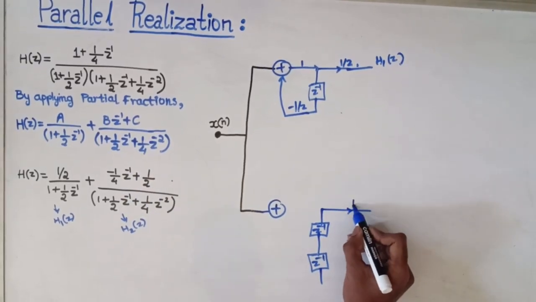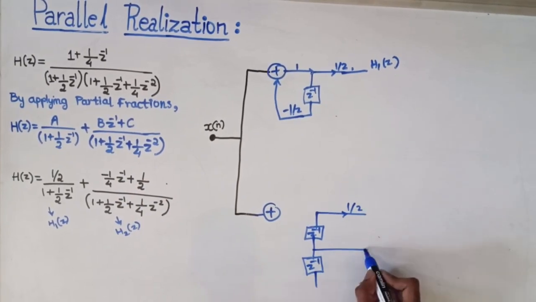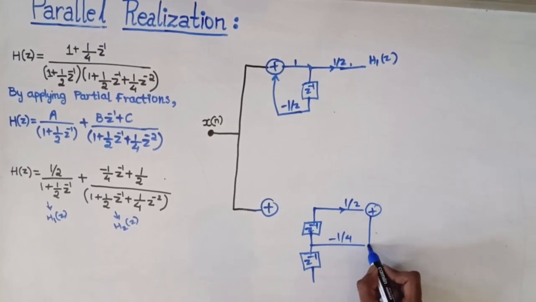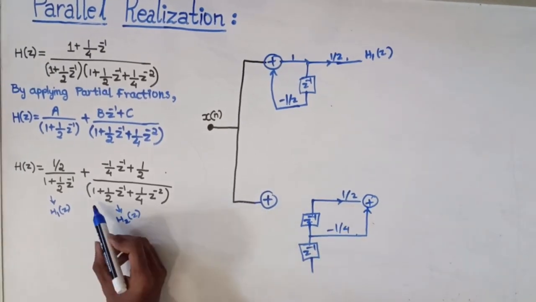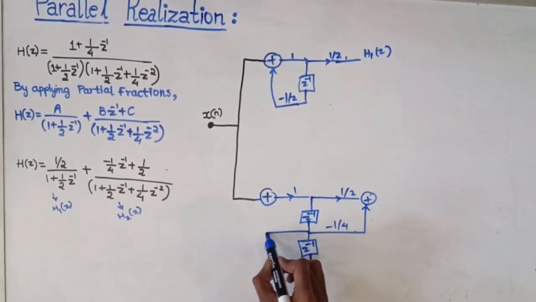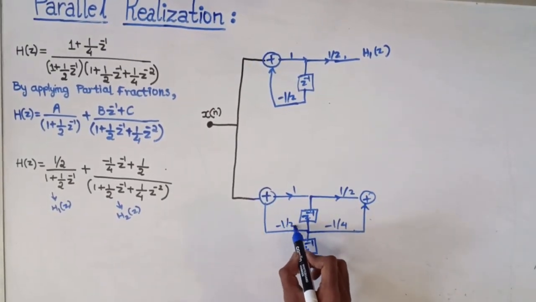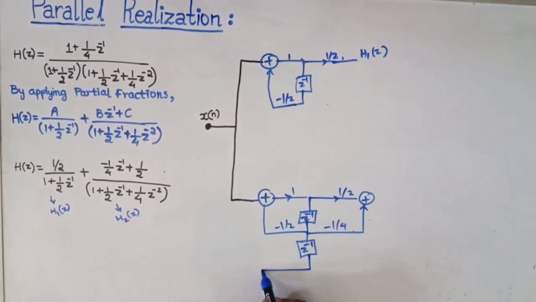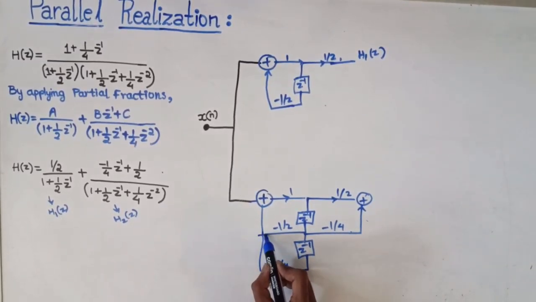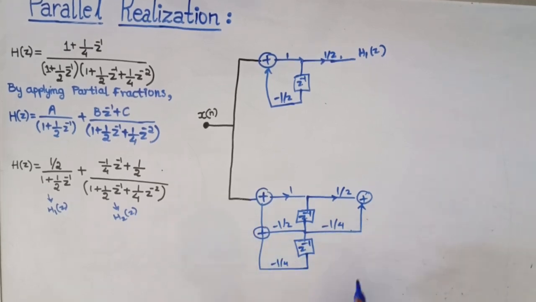This will be 1/2 and -1/4 z^-1. This is our numerator. In the denominator we have 1 + 1/2 z^-1 + 1/4 z^-2. The 1/2 z^-1 becomes minus 1/2 and the 1/4 z^-2 is negated, so it becomes minus 1/4 z^-2.